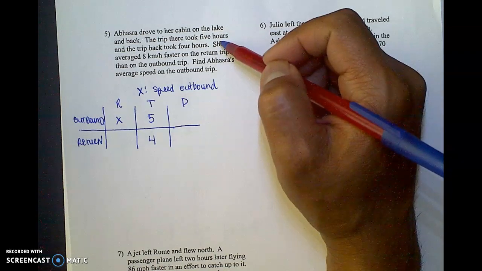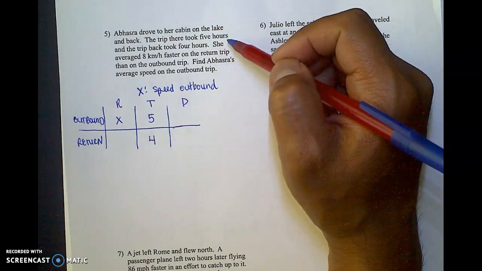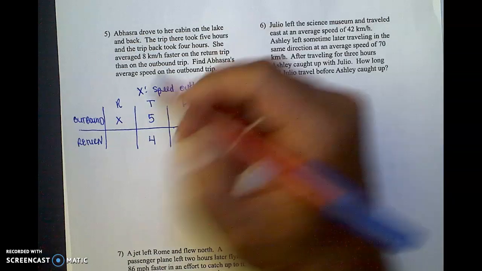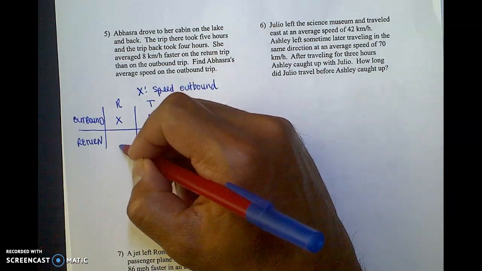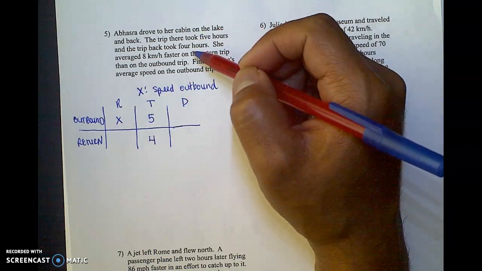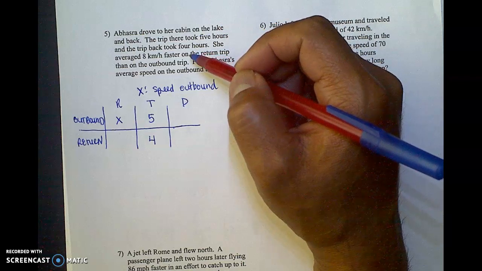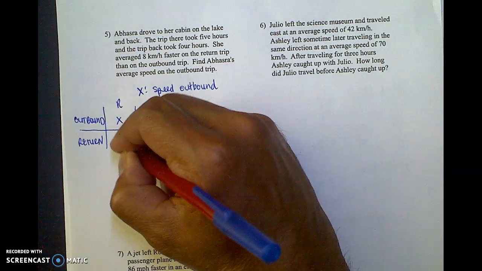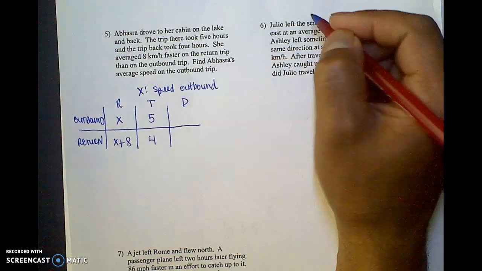But again, we got to be careful, because she averaged 8 kilometers per hour faster on the return trip home. So we're not just going to drop an 8 into this box. She traveled 8 kilometers per hour faster returning than she did going there. So faster means X plus 8.